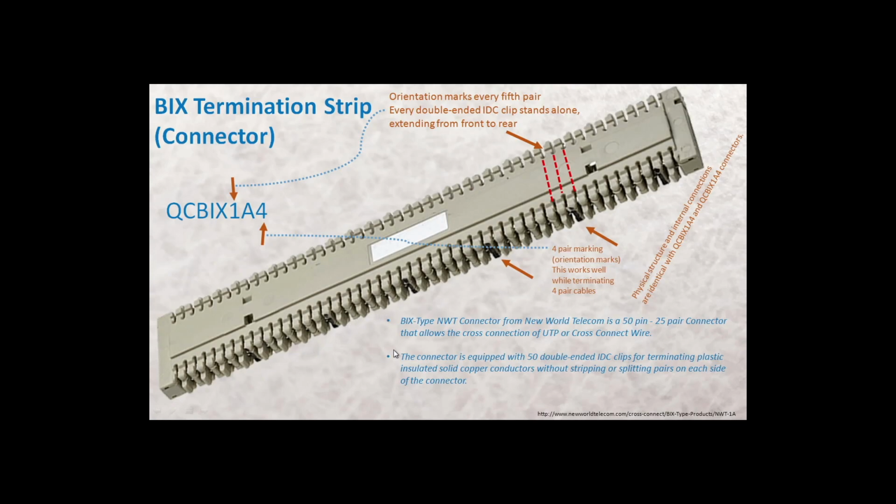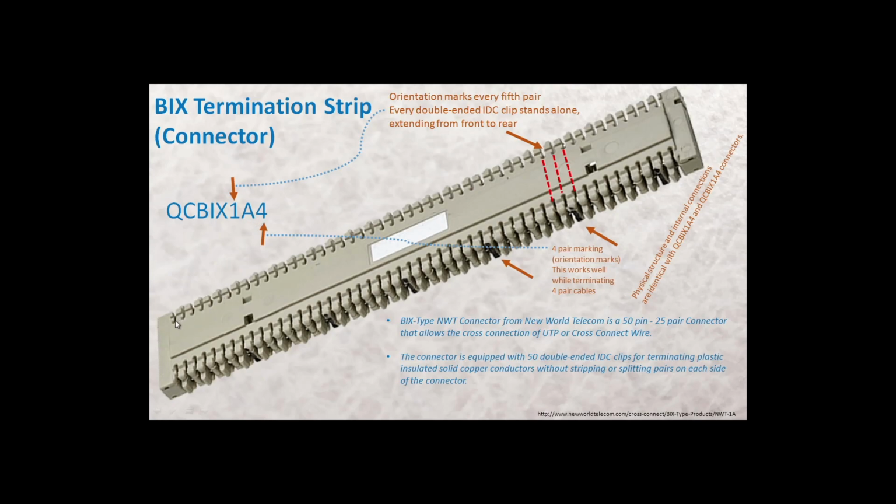So there's 1, 2, 3, 4, 5, 6 groupings of 4, and there would be 1 left, because 6 times 4 is 24, and this is a 25-pair connector, so of course the 25th pair is going to be just left alone, on its lonesome. Okay, so here 1A4.